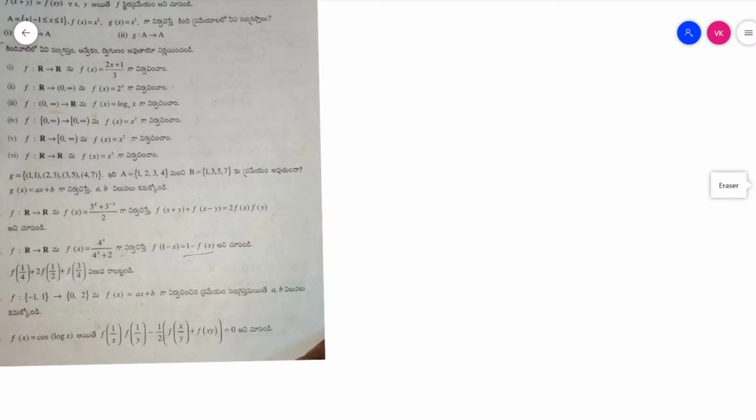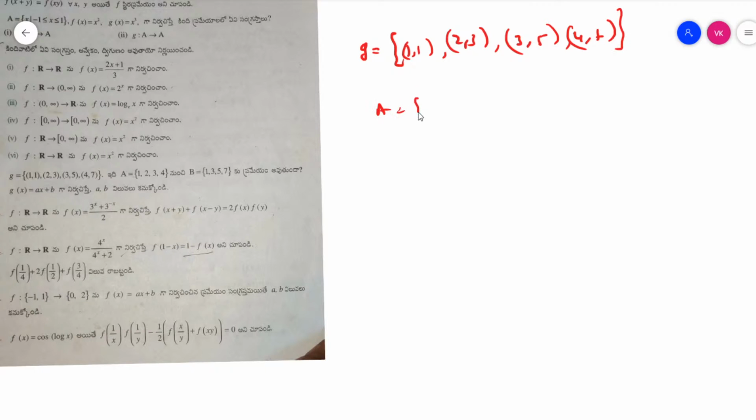The third question: g is a set of (1,1), (2,3), (3,5) and (4,7). Here A is a set defined as 1, 2, 3, 4 and B is a set defined as 1, 3, 5, 7.